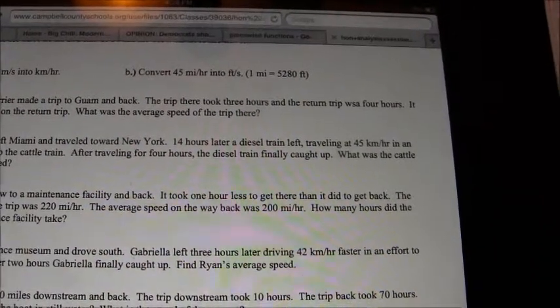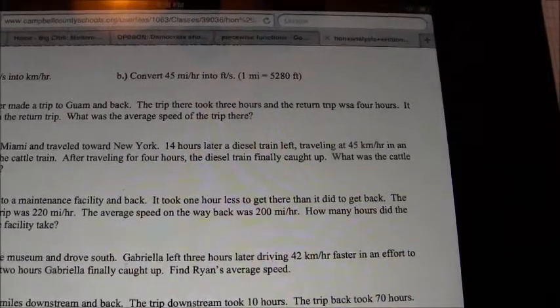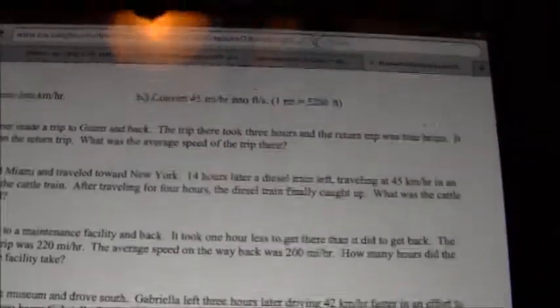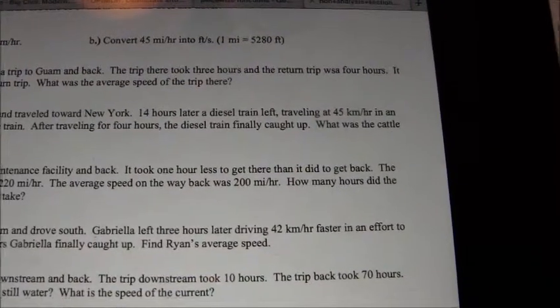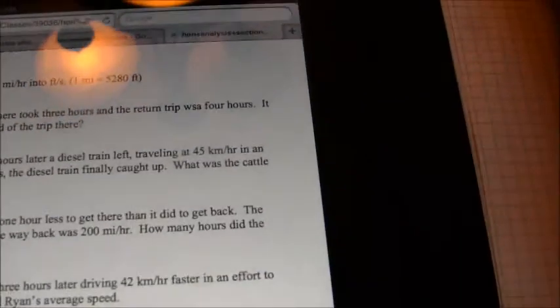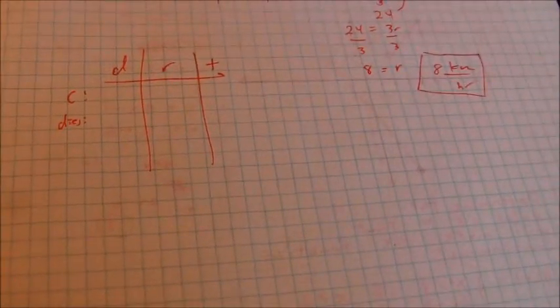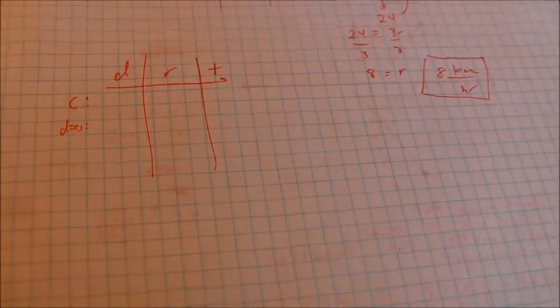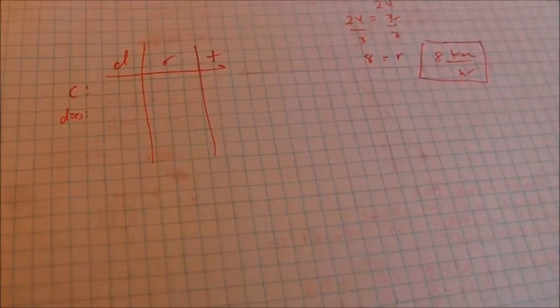So distance is equal to rate times time. I try to fill all of these in. Again, sometimes a picture can be useful here as well. Okay, so I've got the cattle train, which I'm going to represent on my paper with a C. I have the diesel train. If you read the problem again, the trains are both traveling in the same direction. One's catching up with the other, so their distances are going to be the same. I'm just going to call the distance D for both.